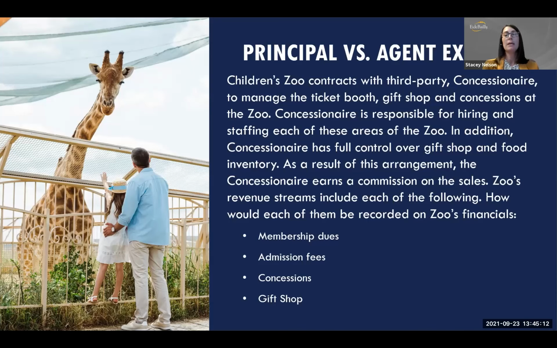So they are going to be considered the principal in this transaction. And they are going to recognize that revenue at the total membership dues cost over the 12-month period. In this case, the commission that they might be paying to that third-party concessionaire would be shown separately as an expense in their statement of activities.